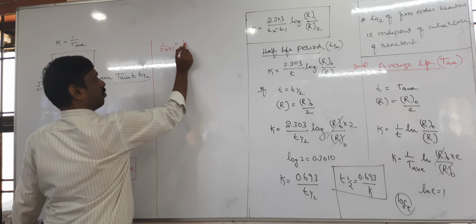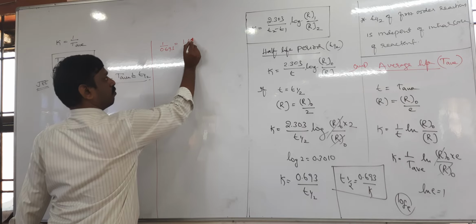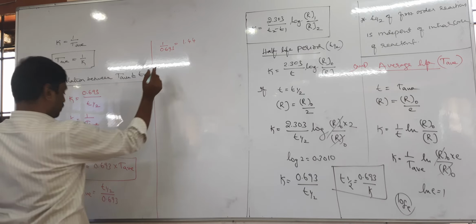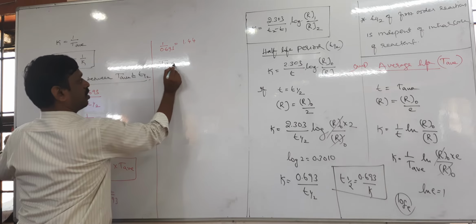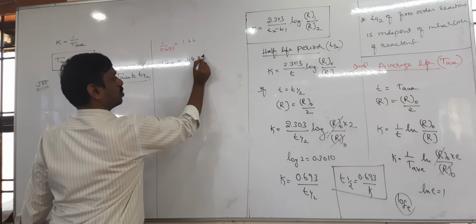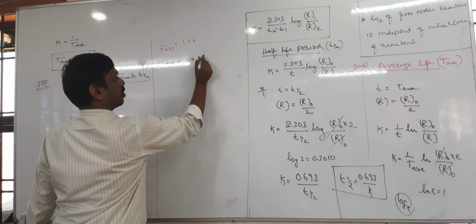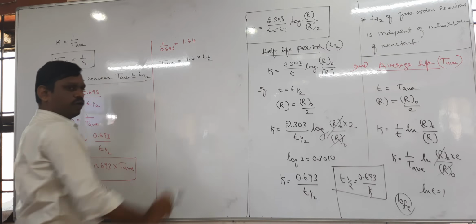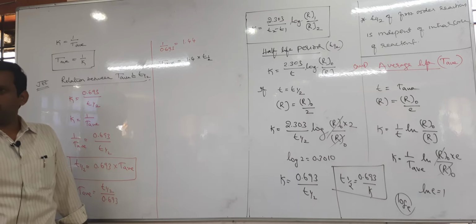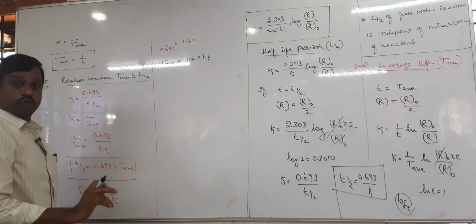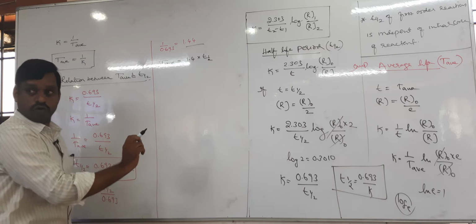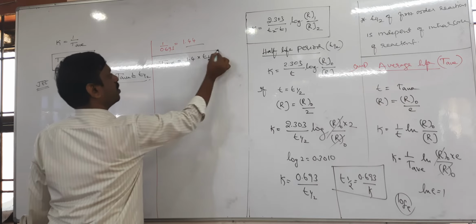It is approximately 1.44. So finally, T average equals 1.4 into T half, let it be 1.4, fine.